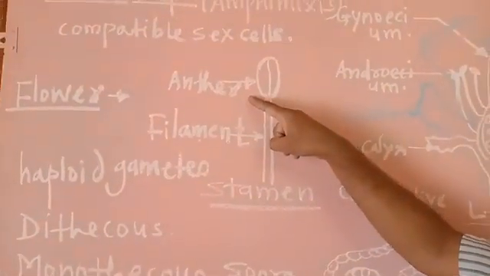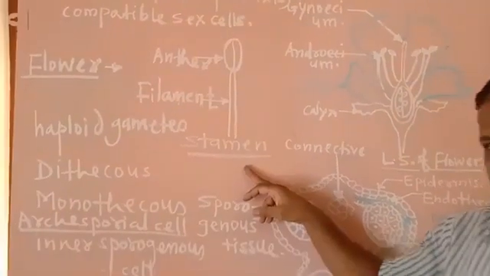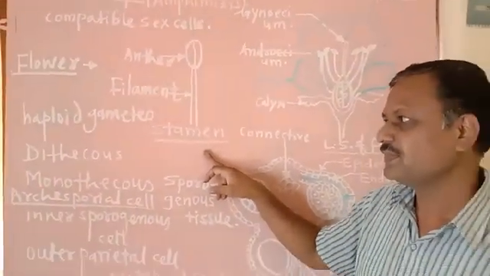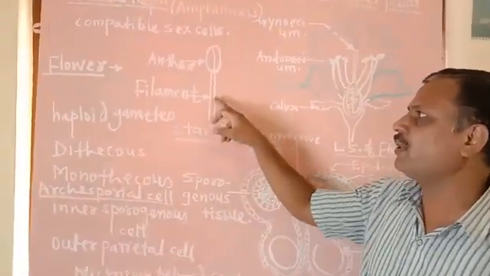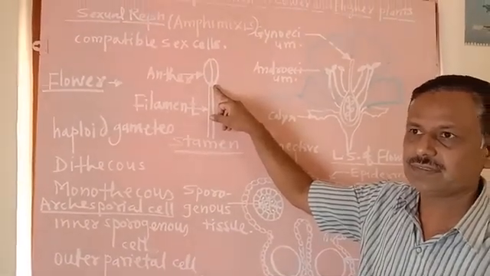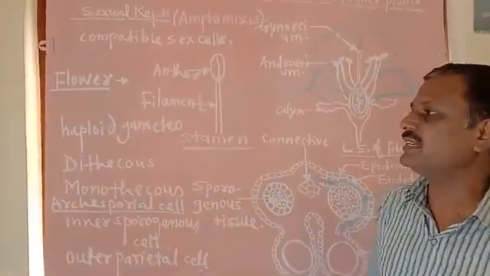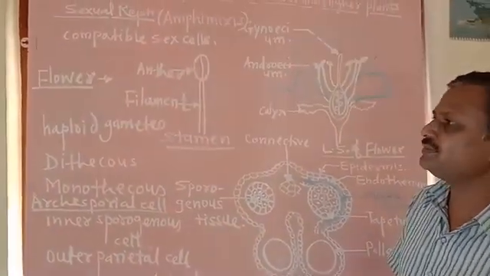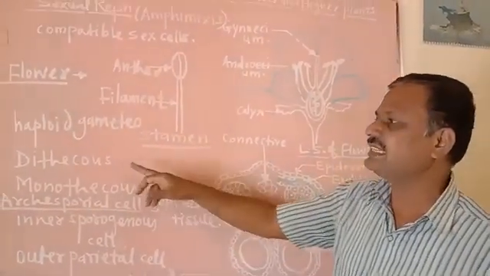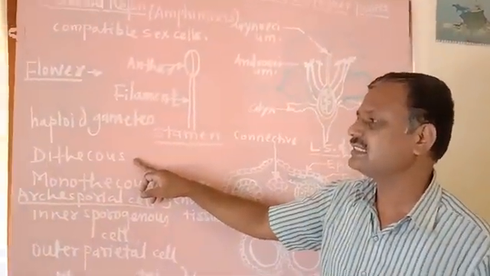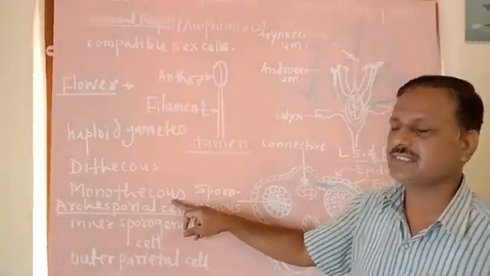Anther is a fertile part of the stamen which is present at the tip of the filament. This anther may be dithecous or monothecous.